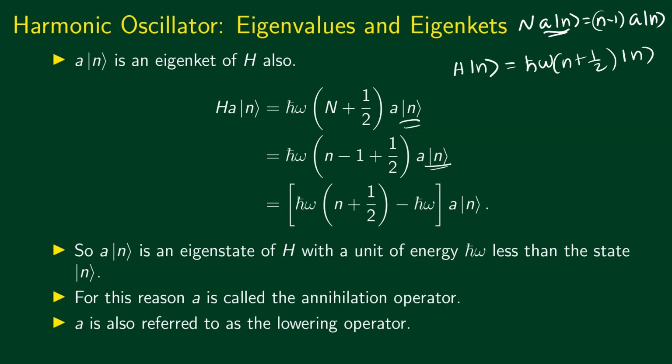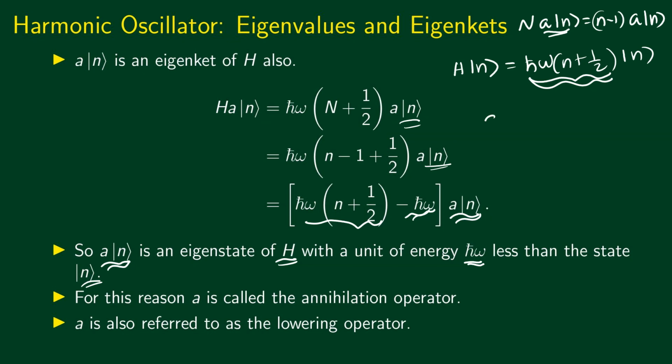Now when we go to the state a ket n, the eigenvalue has decreased from h bar omega times n plus half to h bar omega times n plus half minus h bar omega. What we see is that a ket n is an eigenstate of the Hamiltonian with a unit of energy h bar omega less than the state ket n.